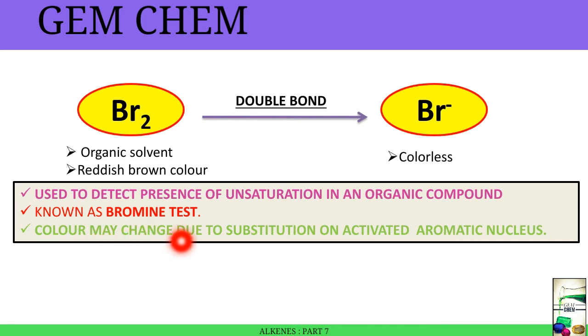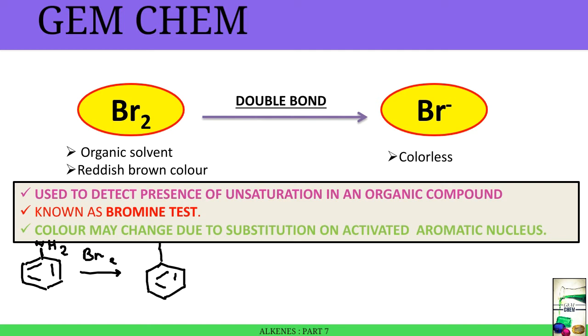Now color may also change due to substitution on an activated aromatic nucleus. Then we cannot judge whether it is due to the unsaturation or due to the aromatic ring. So let us see the exception here. See this one. This is an aromatic ring with NH2 in it, and when we add bromine, the product is like this.